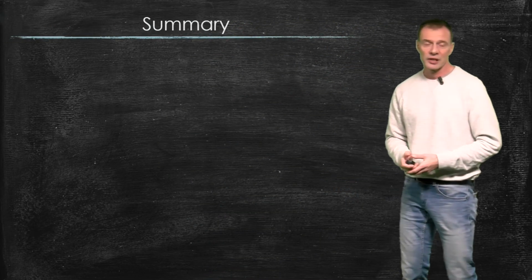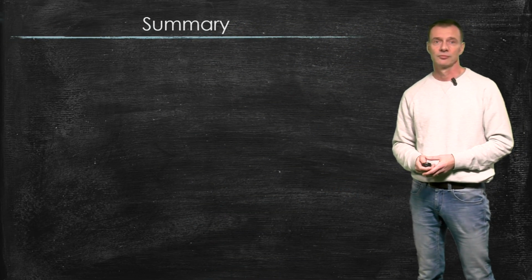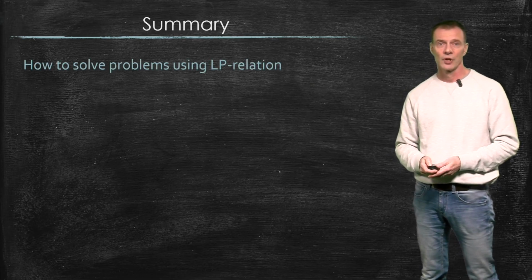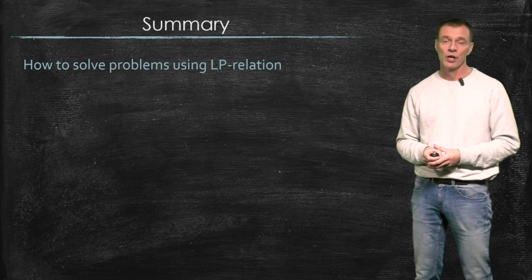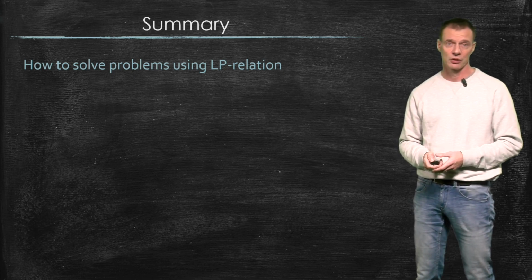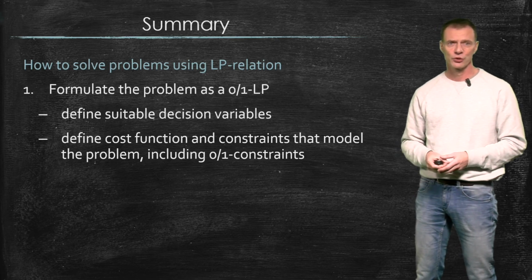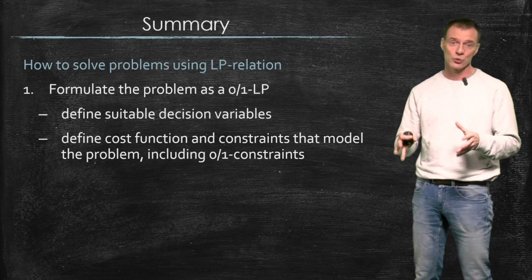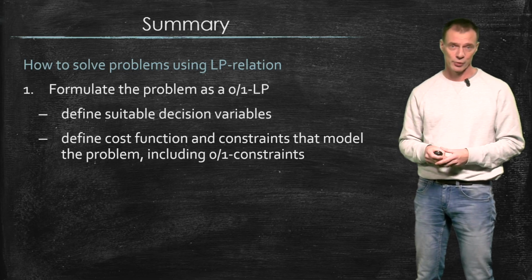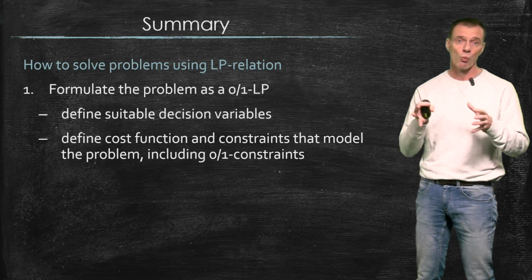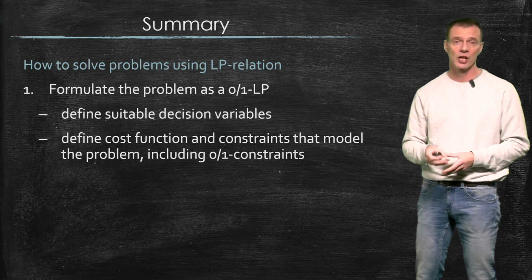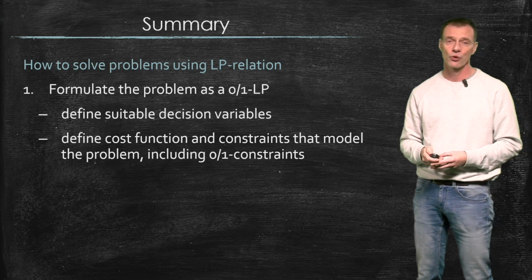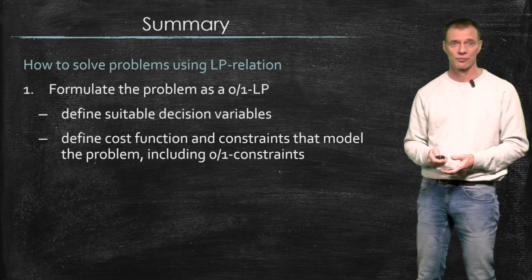So, let's summarize. Okay, so what do we do when we want to solve a problem using LP relaxation? Well, the first thing you do is you try to model that problem as a 0-1 LP, right? Try to see what you minimize, formulate that in terms of decision variables, and write constraints that your solution should satisfy.